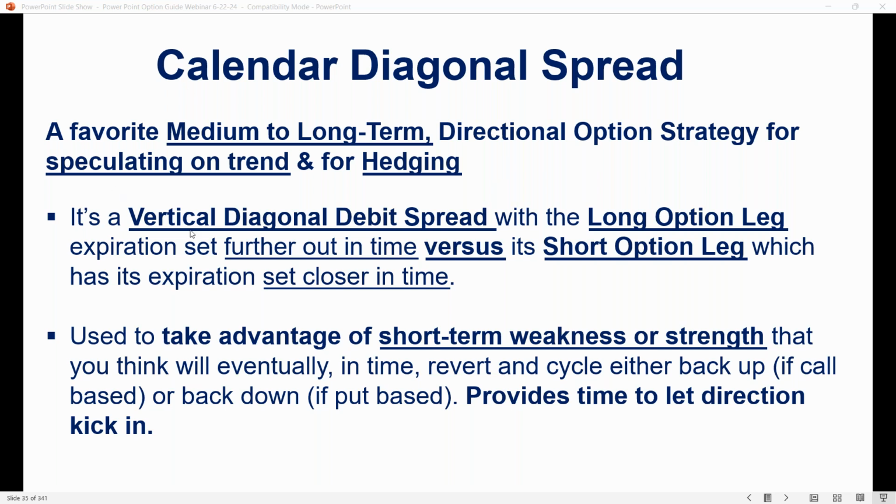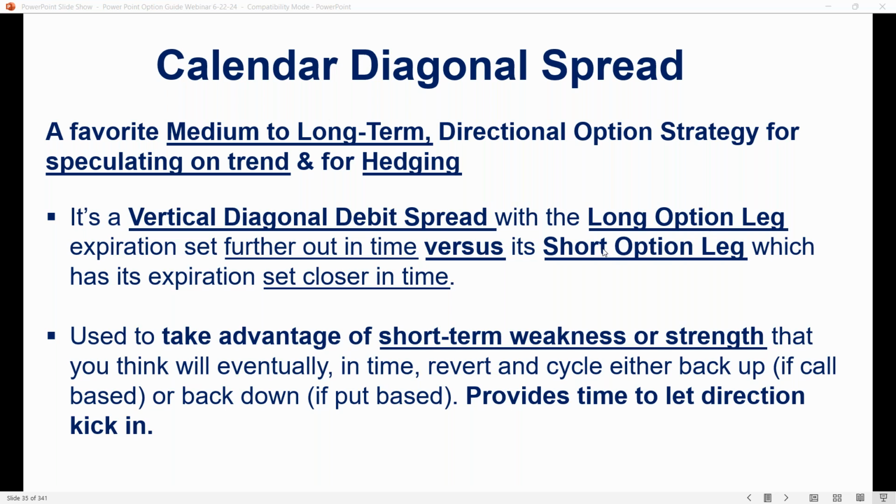So what it basically is, it's called a vertical diagonal debit spread. You're going to have the long option leg set further out in time. So your expiration is going to be further out versus the short option leg, which is going to be closer in time. So when you're looking at the spread, you're going to be long your leg further out, and it can be calls or puts depending on the direction we want.